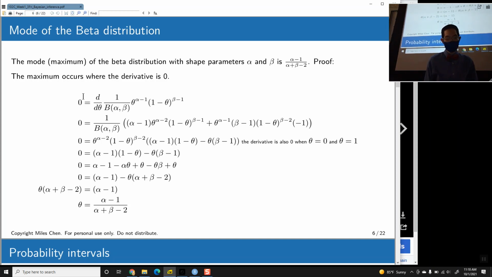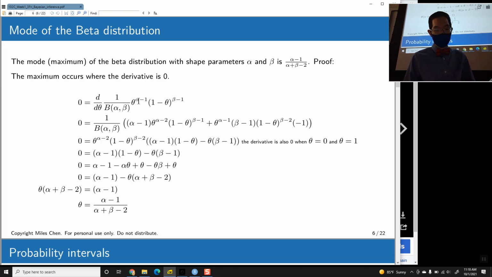Do I want to work through this? I guess. Oh, I already did the work. I just have to read it, right? So the derivative: this is a constant, so we'll just pull that out to the front. Theta to the alpha minus 1. We're just doing product rule things here.